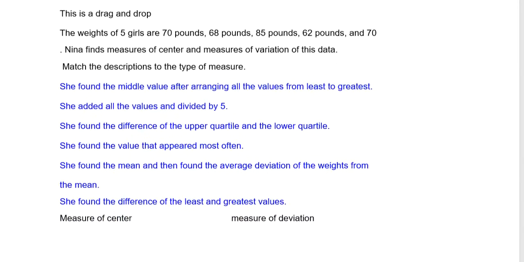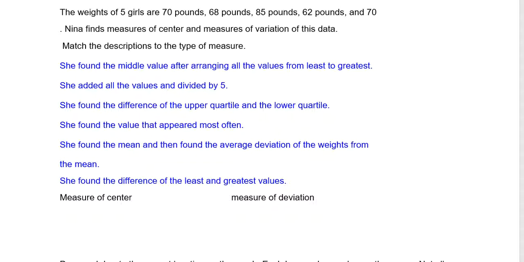The next question here is, the weights of 5 girls are 70 pounds, 68 pounds, 85 pounds, 62 pounds, and 70. Nina finds measures of center and measures of variation of this data. Match the descriptions to the type of measure.